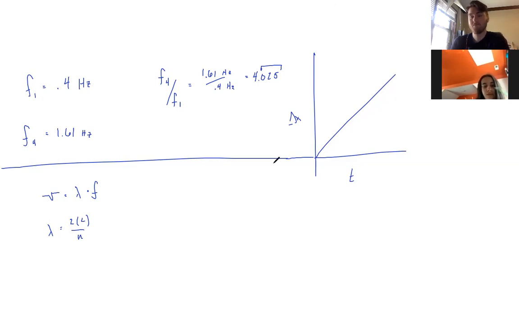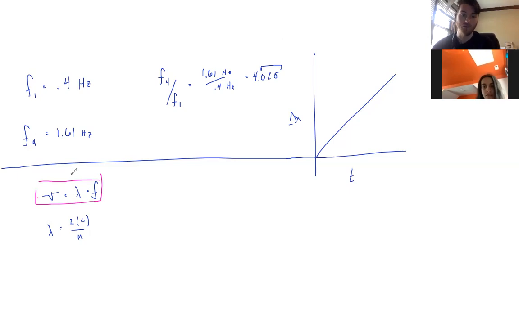So then for the last problem, would I just figure out the velocity or do I have to find the wavelength too? You have to find the wavelength. This is your last problem down here over on the side, and you have to find the wavelength first in order to figure out your velocity.